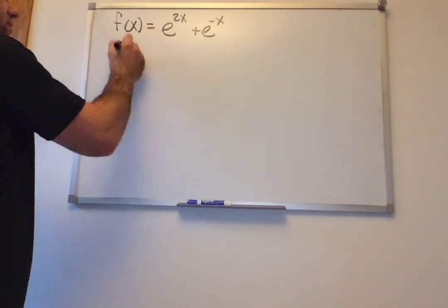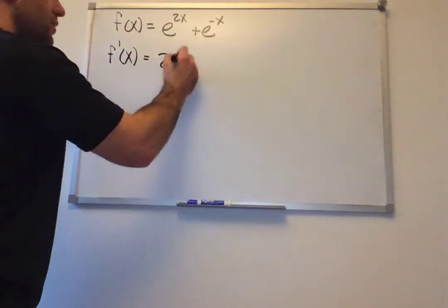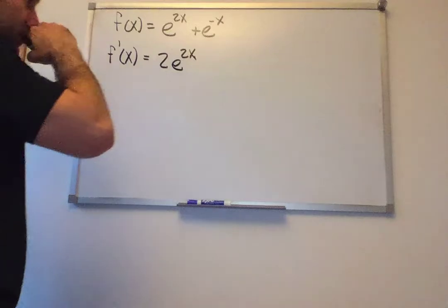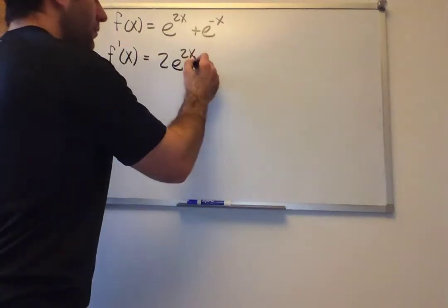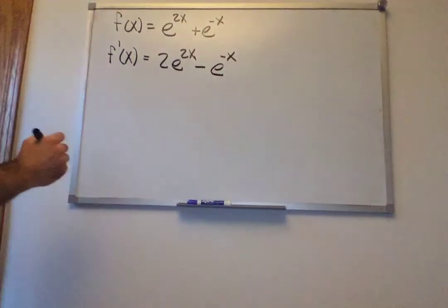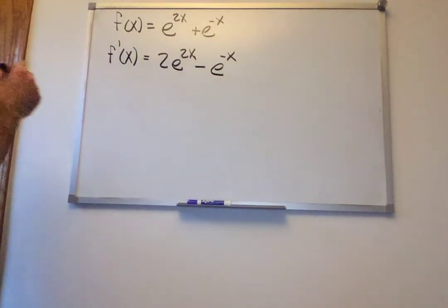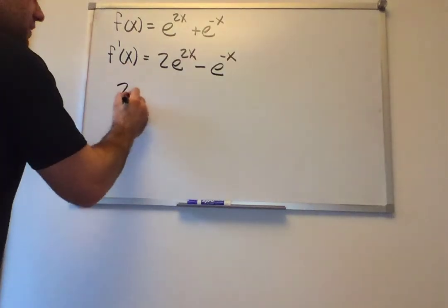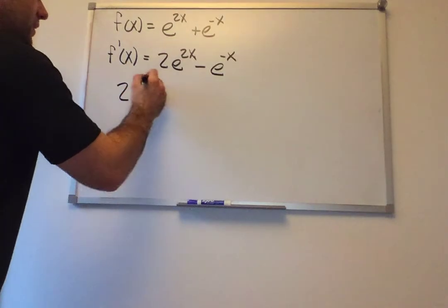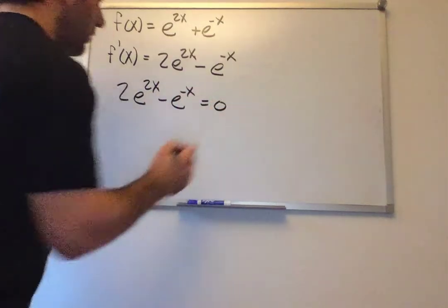So first we need the derivative, which is 2e to the 2x minus e to the -x. To find the critical numbers, 2e to the 2x minus e to the -x is equal to 0.